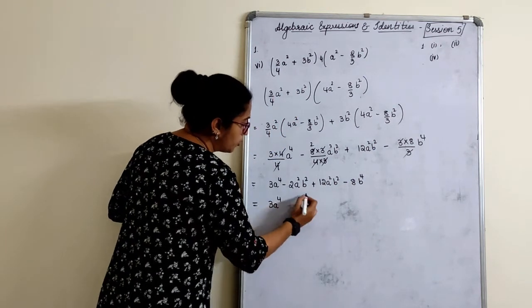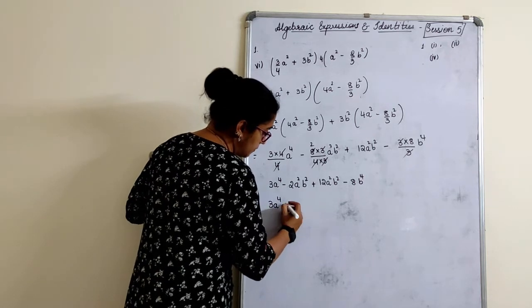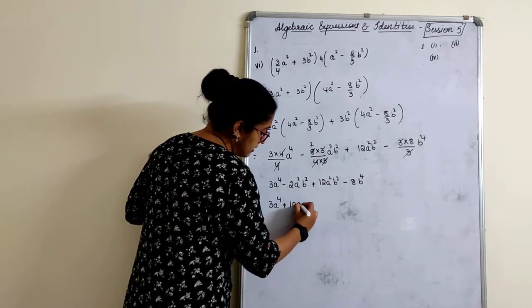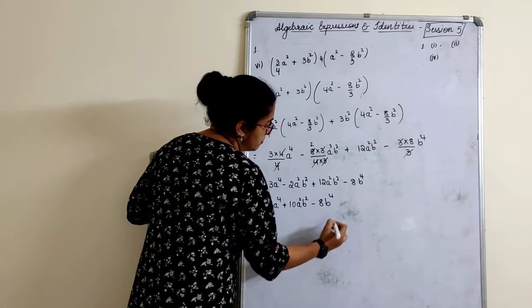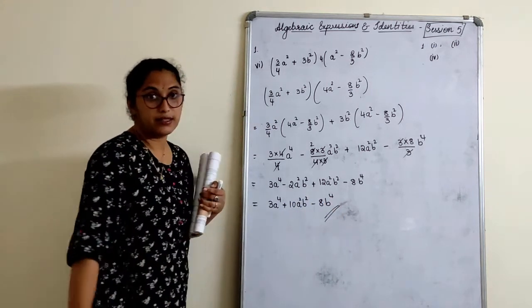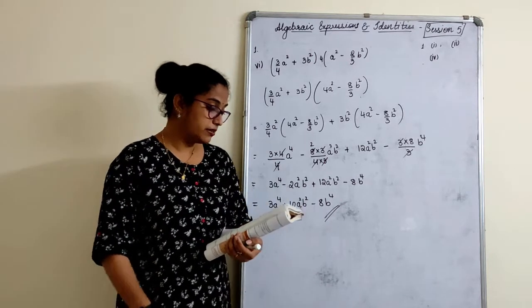So 3a raised to 4, minus 2 plus 12 is plus 10 a square b square, minus 8 b raised to 4 is your answer. With that we complete the first one.